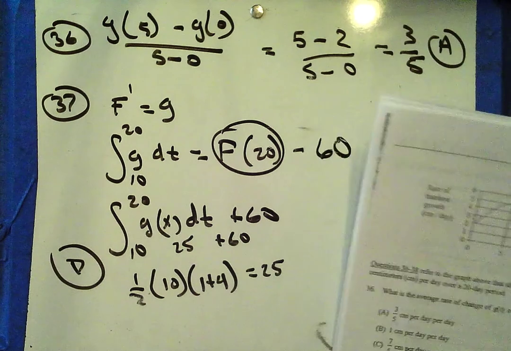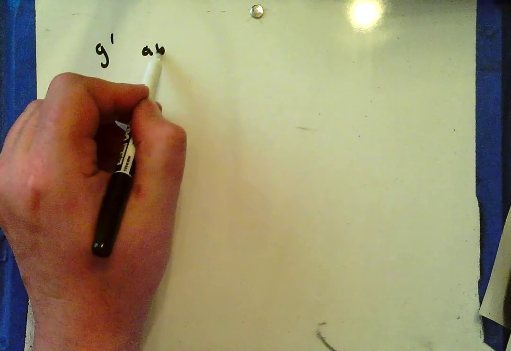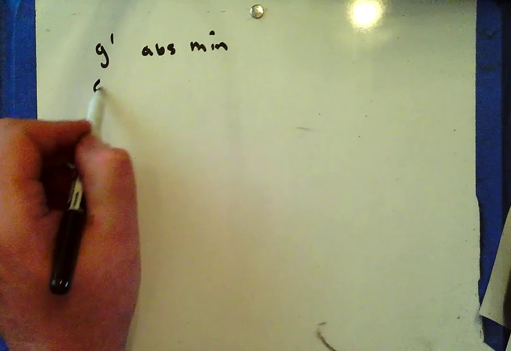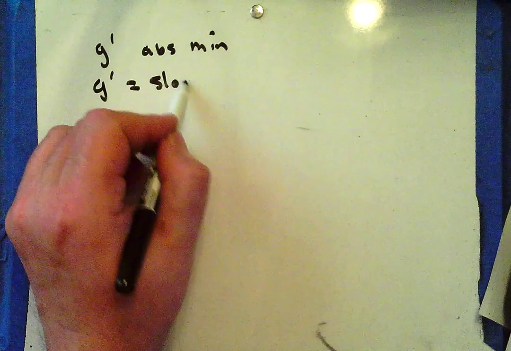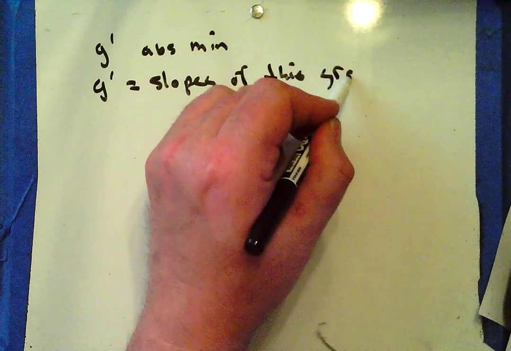Okay, 38 also needs this graph. 38 says, which of the following intervals is G prime an absolute minimum on 0 to 20? Well, G prime is the slopes of this graph.